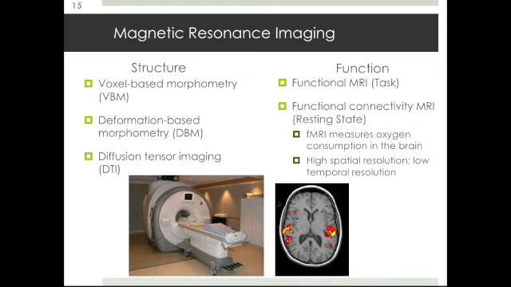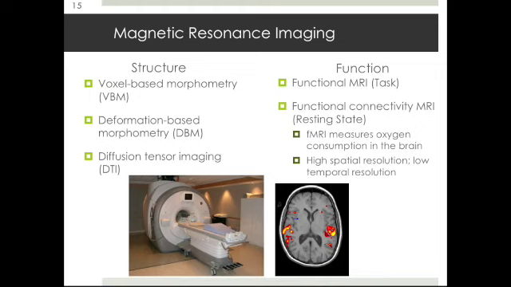So this is one of those indirect measures of brain activity. It's what we would call a gossipy neighbor of the brain activity, instead of measuring the brain activity itself, which is what EEG and MEG and ECoG are trying to do. Because of that, it tends to have relatively low temporal resolution, because it takes a few seconds for the oxygenation level to go up after the consumption by neural activity itself. But in contrast, you can have pretty high spatial resolution, right?